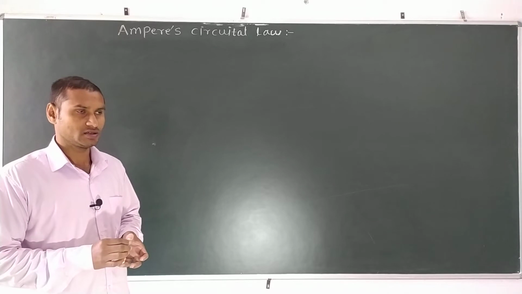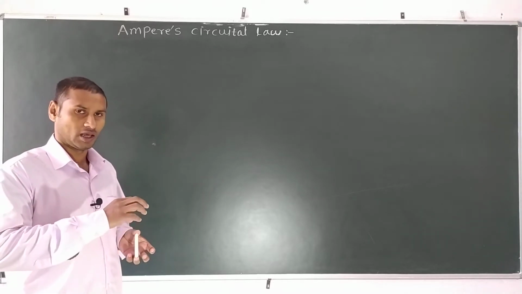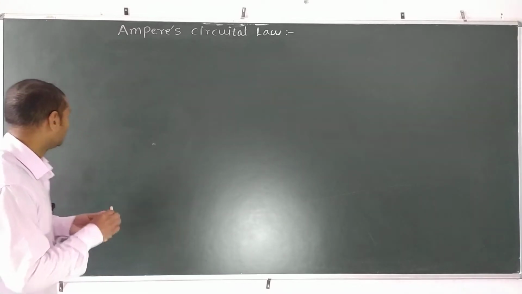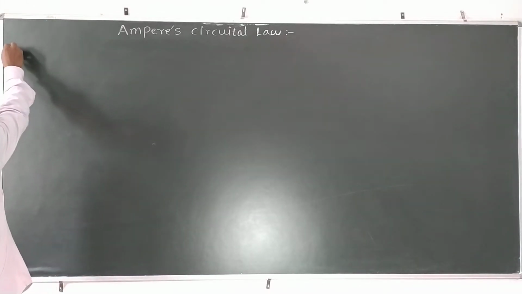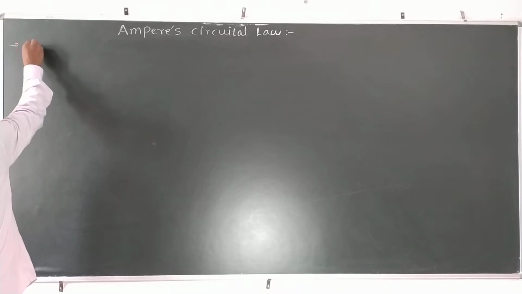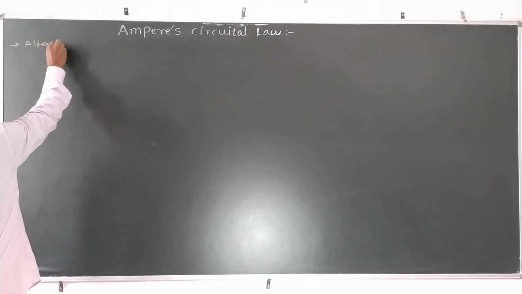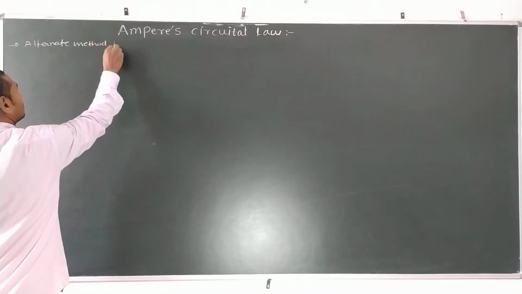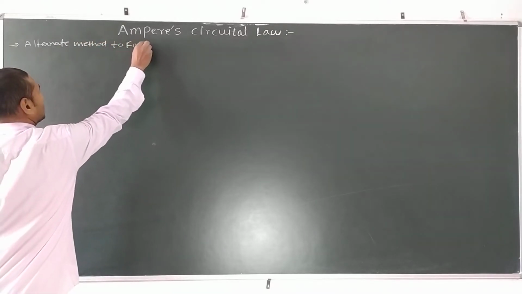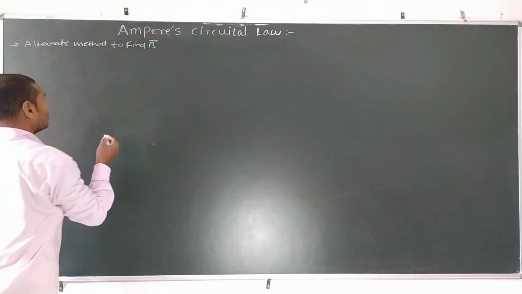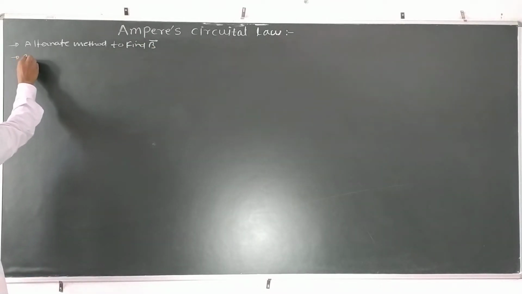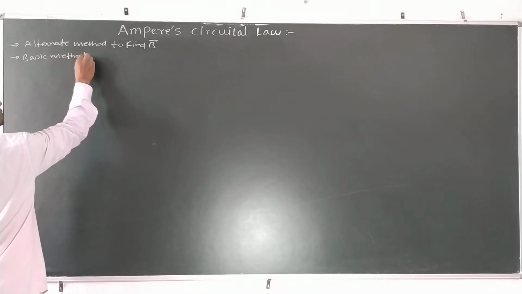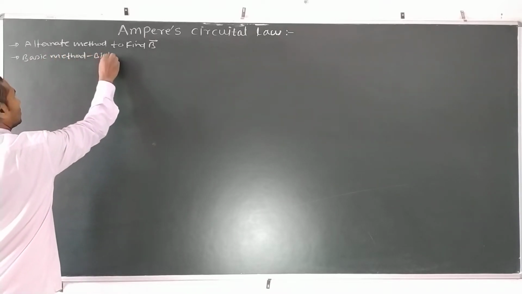The basic method is the Biot-Savart law, but this is an alternate method to find B around the current carrying wire.